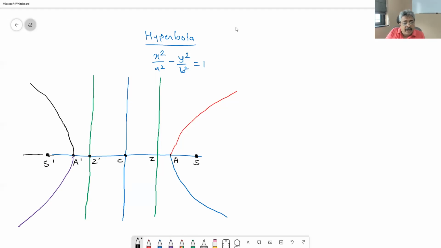Okay, up to this point we had discussed the symmetry part of the hyperbola.